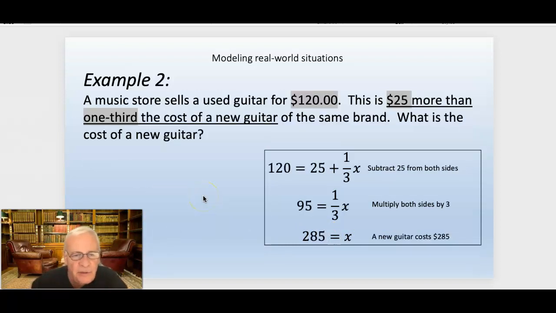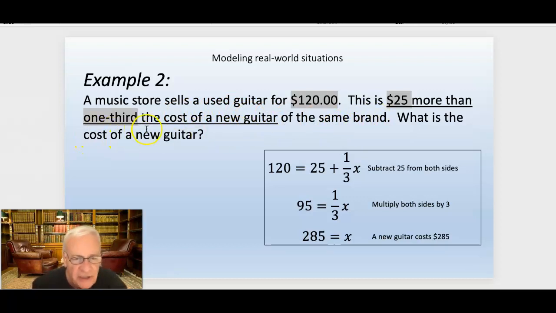Example 2 is about a music store. It sells a used guitar for $120. I highlight 120. Here's the key sentence: therefore, 120 equals something. This is $25 more than 1/3 the cost of a new guitar of the same brand.